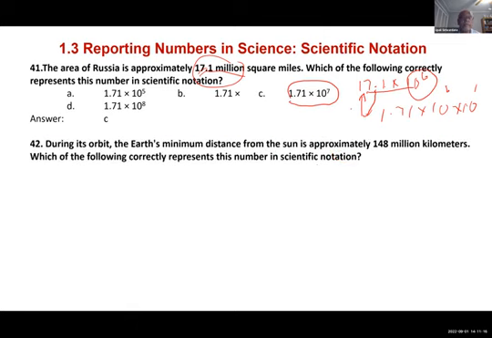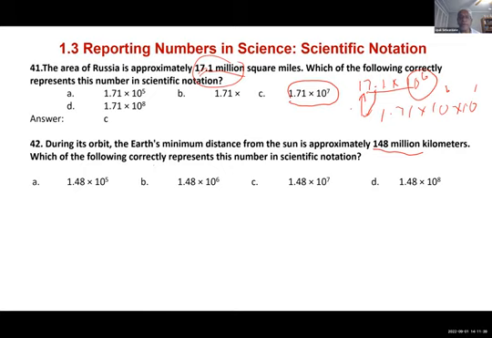Okay, let's look at this problem. During its orbit, the Earth's minimum distance from the Sun is this many kilometers. Which of the following represents the number in scientific notation?